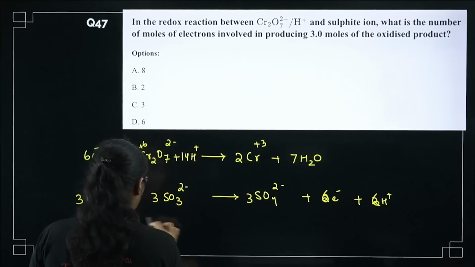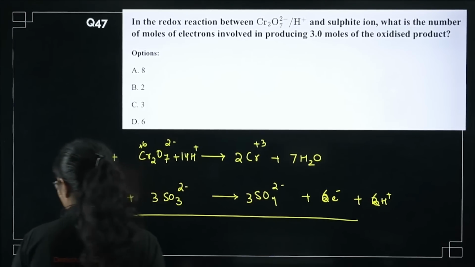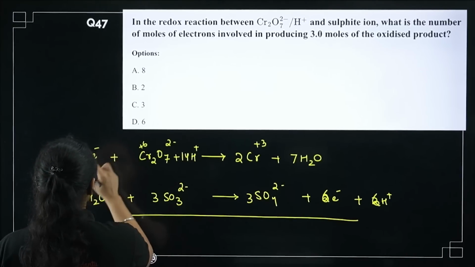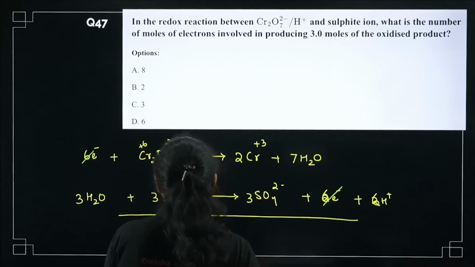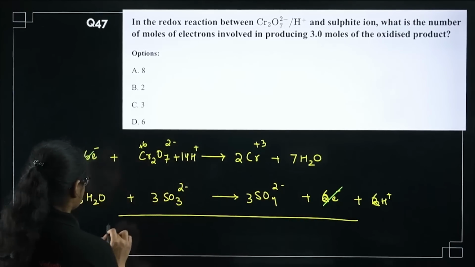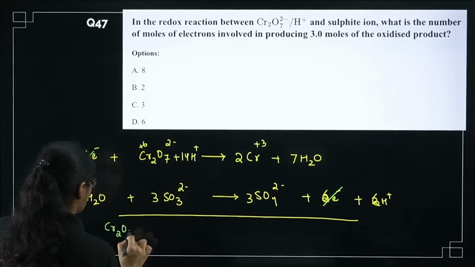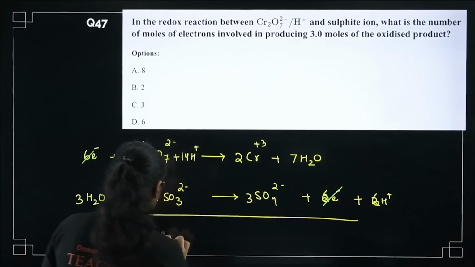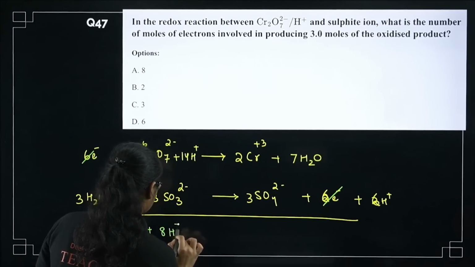Now you can add both reactions and cancel the common terms. 6 electrons cancel with 6 electrons. Next I have 14 H plus and 6 H plus, so I will get 8. So first I write Cr2O7 2 minus plus 14 H plus and then 6 H plus, which gives me 8 H plus, right.